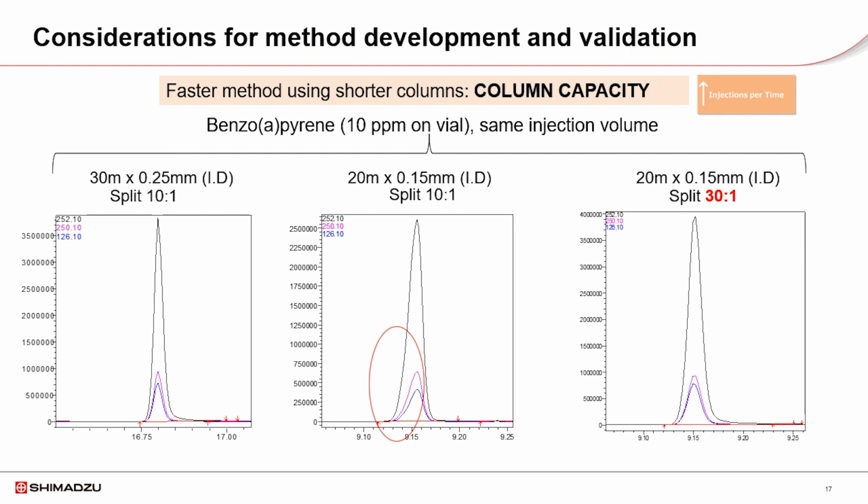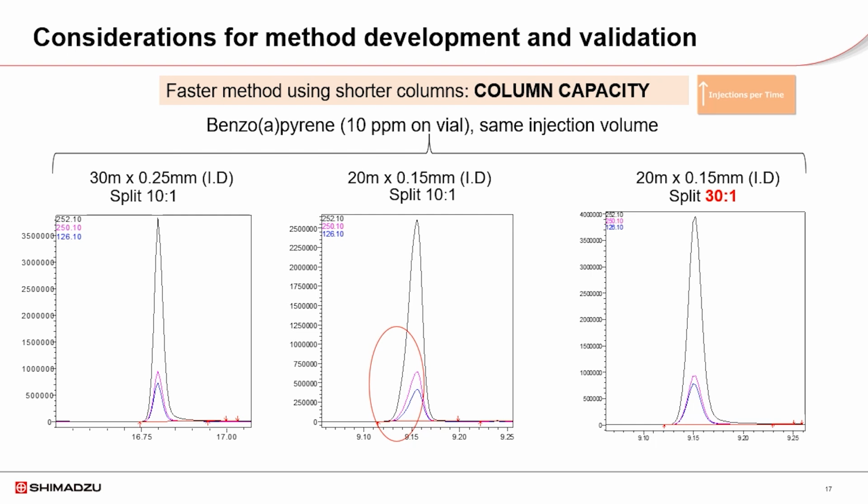To get a beautiful chromatogram like the 30-meter column result, we can reduce the amount of compound into the column by increasing the split ratio or decreasing the injection volume itself, like from 1 microliter injection to 0.5 microliter injection. In this example, we can get a clean chromatogram using a higher split ratio than the 30-meter column injection.